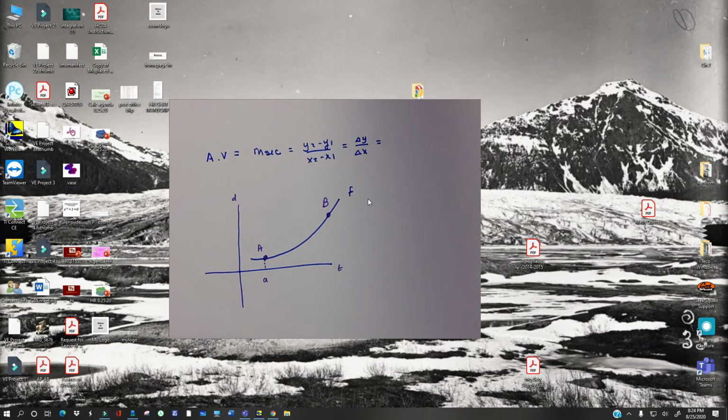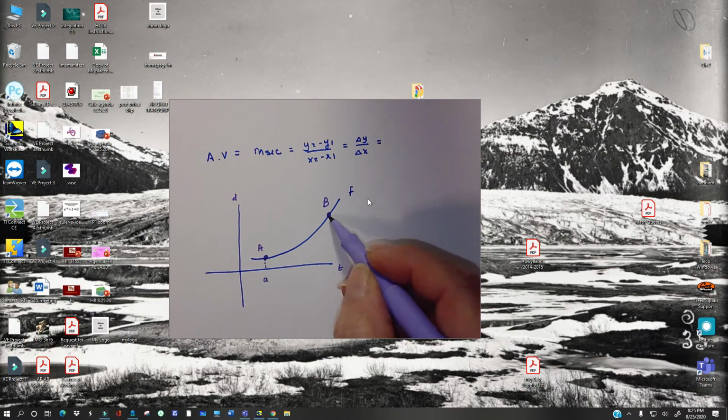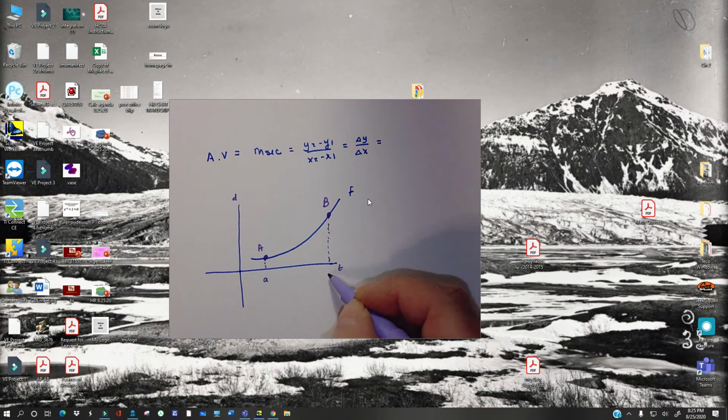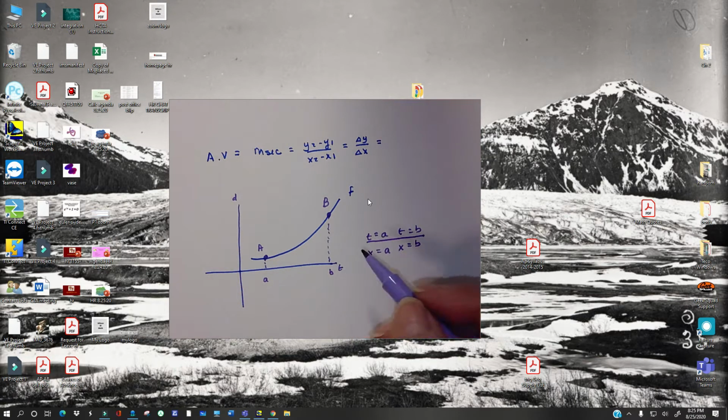So here I'm going to say x is a, or t is a, and over here this is point B, x is equal to b, or t is equal to b, okay? This one's a little more precise because we're talking about a time axis, but it means the same thing, okay?